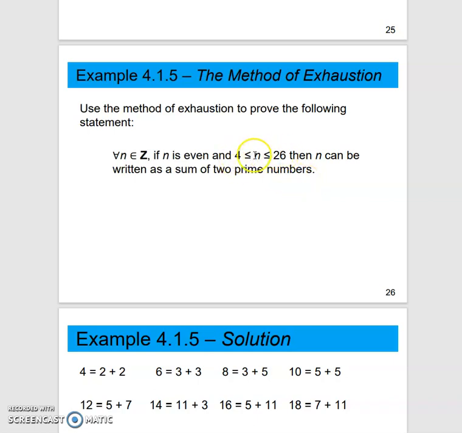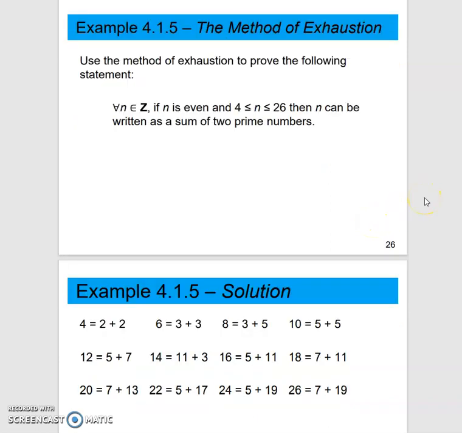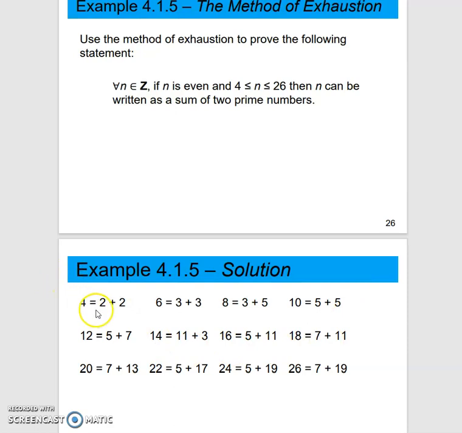Now there's a lot of numbers in that list, but it is a limited number of possibilities there. So basically, I've got every single one of those numbers, those evens from 4 to 26, and I have written them as the sum of two primes. So it's a little bit exhausting, but I can do that.